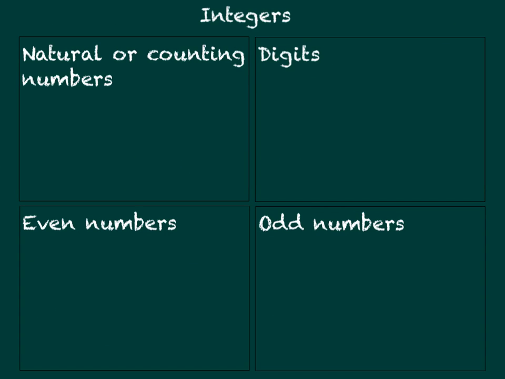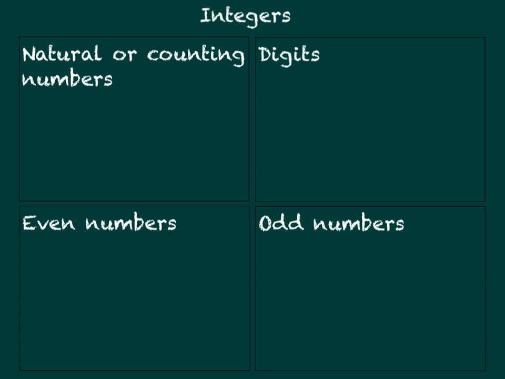Now out of those 4 boxes, the only one that we're going to break further down is integers. Once you're non-integer, radical, or transcendental, you can stop. It doesn't break down any further. But our integers can be categorized as some of these 4, and these aren't mutually exclusive. They can be in more than one of these boxes. Our integers include the natural or counting numbers. Think about the original people that learned how to count, the cavemen, very primitive, who could count sticks and rocks.